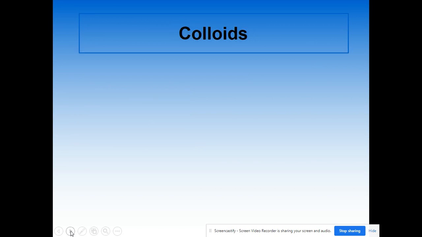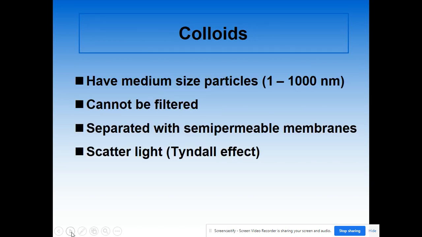Now, solutions are different from something called colloids. Colloids, compared to solutions, have medium-sized particles. Their particles will be anywhere from 1 to 1,000 nanometers. But they can't be filtered, even though the particles are a little bit larger. But they can be separated with a very special type of membrane, which is a semi-permeable membrane.